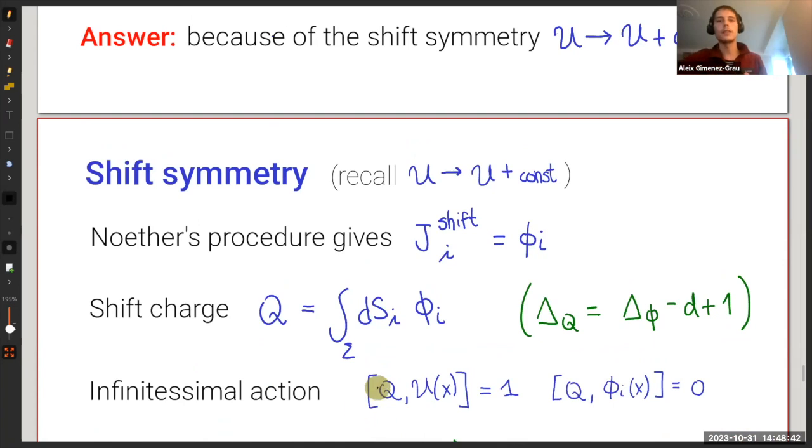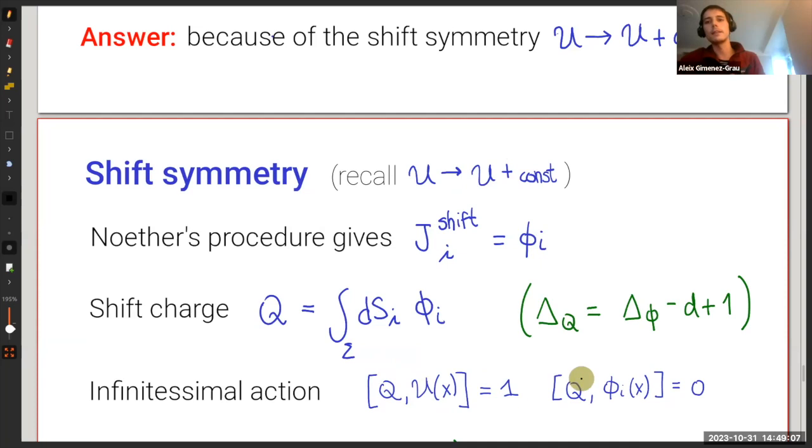And now this charge generates the symmetry. So in particular, when you think of these things as operators, when Q acts on the operator U, it's going to give you the identity, because this transformation just sends U to U plus a constant. So infinitesimally, the commutator of Q with U gives 1.